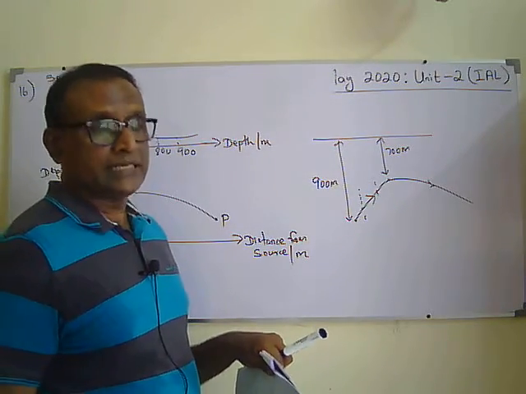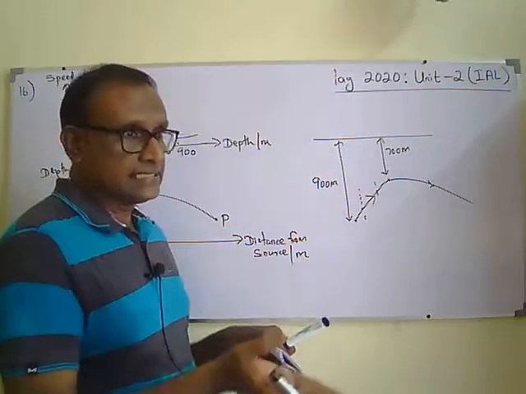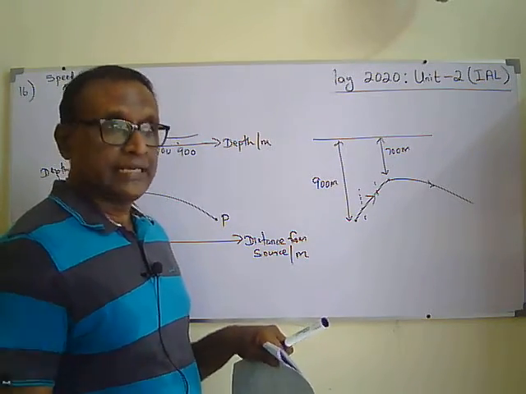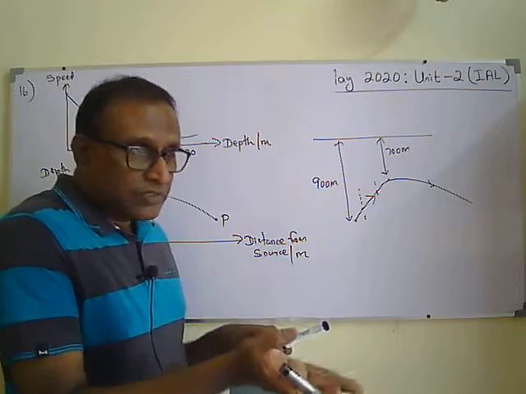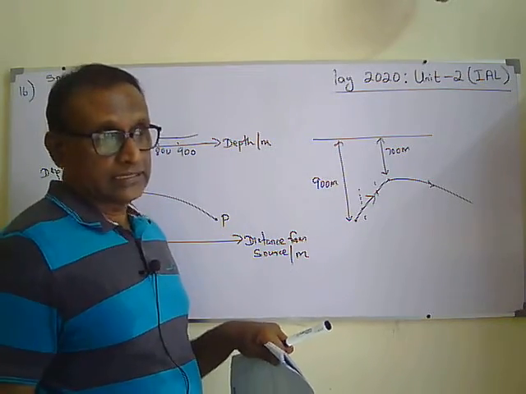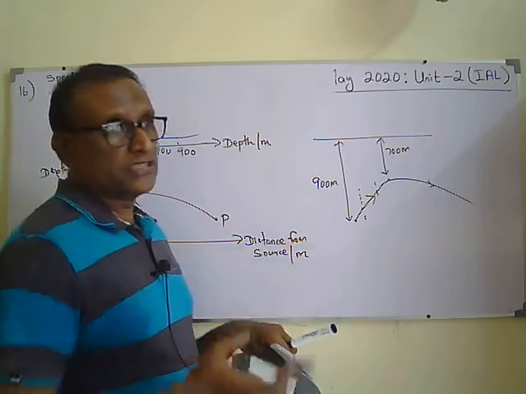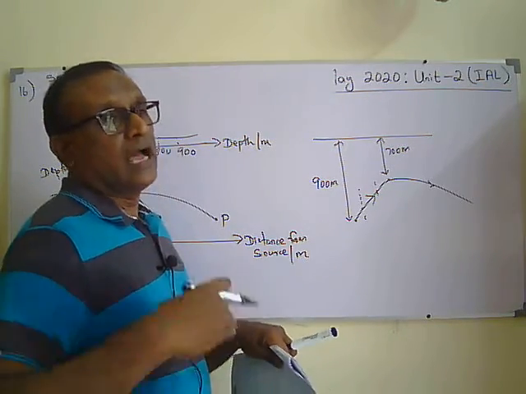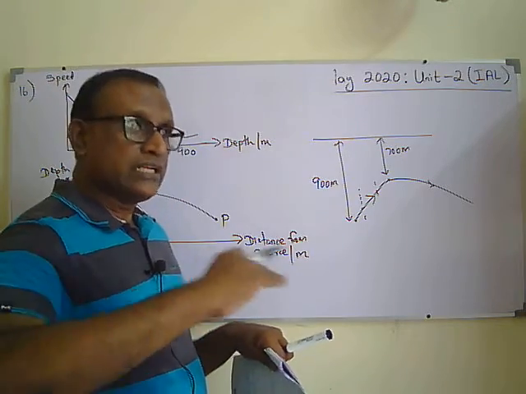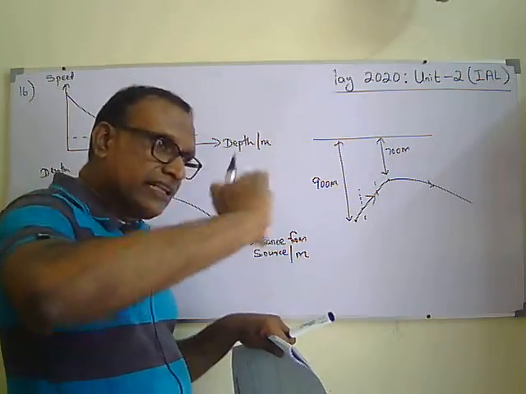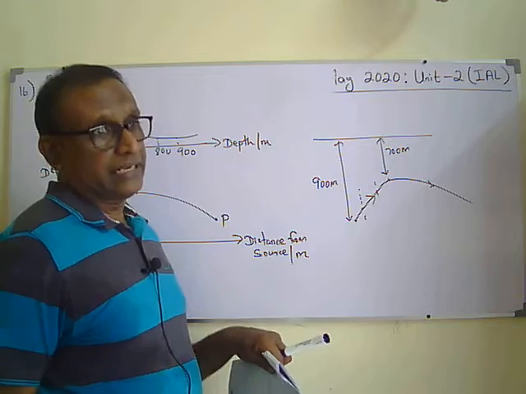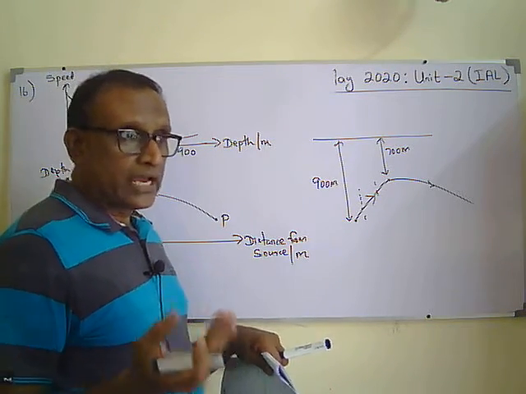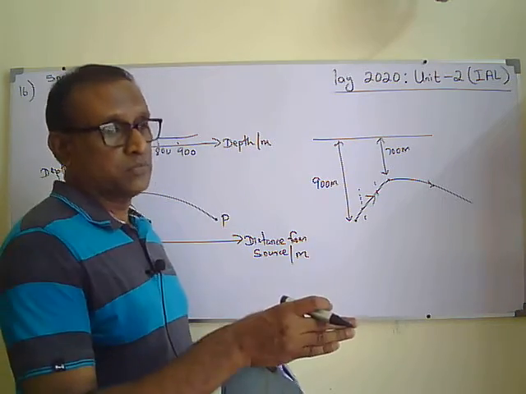Same water, but maybe the density is changing, the temperature of the water is changing, and because of that the speed is changing. So even though it is water, it has different speed for sound because of different concentration of salt and different temperature. So we should imagine each and every layer at different heights as a different medium. Sound is traveling from a medium where the speed is less to where the speed is more.